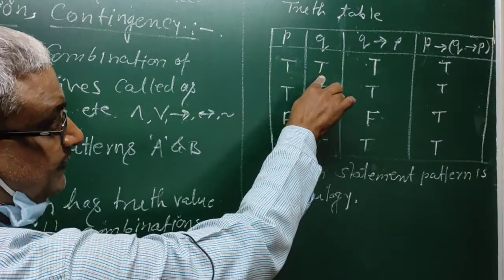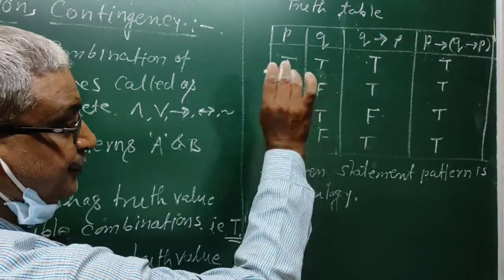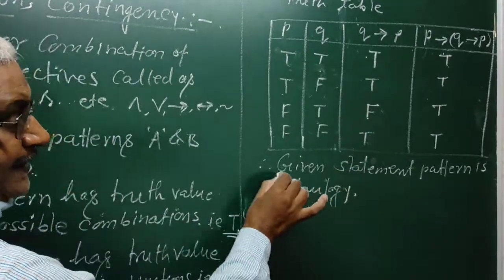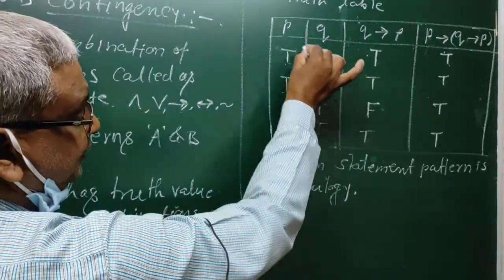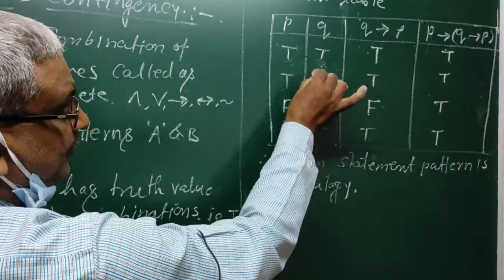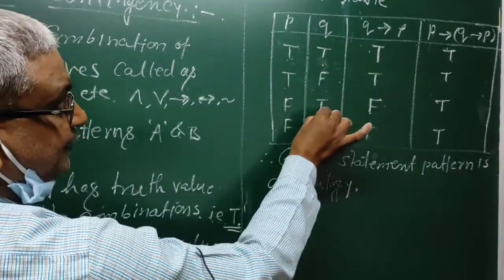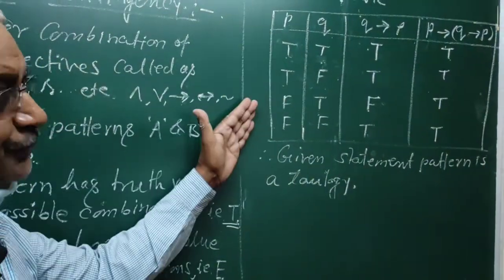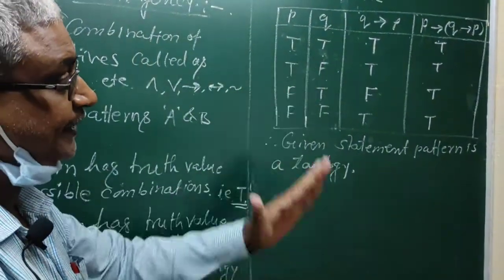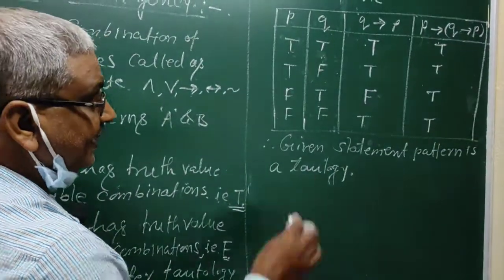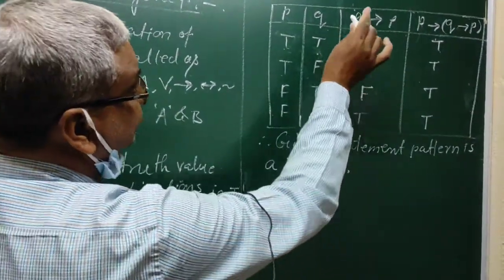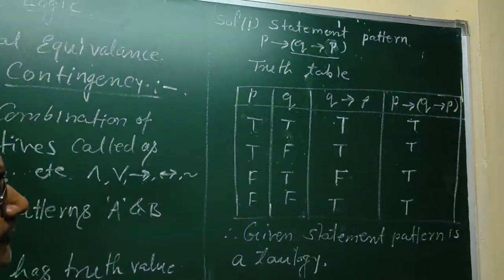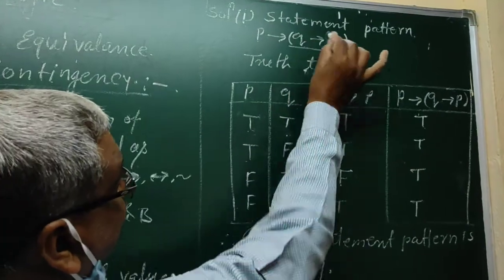The sequence of the truth values is always to be maintained here: TT, TF, FT, FF, meaning P is true, Q is true; P is true, Q is false; P is false, Q is true; P is false and Q is false. This sequence is to be maintained in each and every table. Now, as per our requirement of the statement, the bracket statement truth values are to be obtained first. So here, Q implies P.